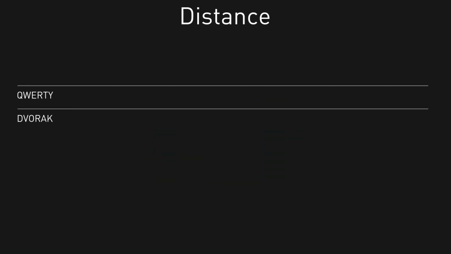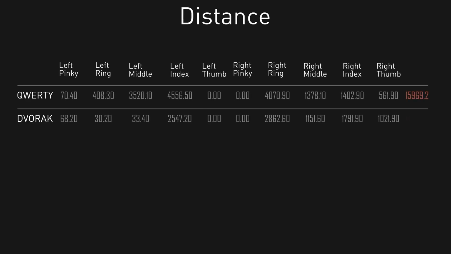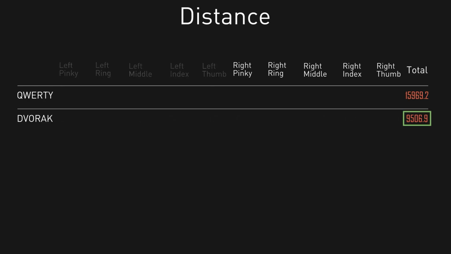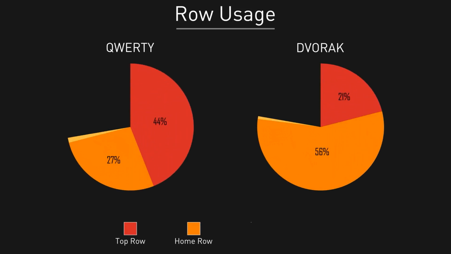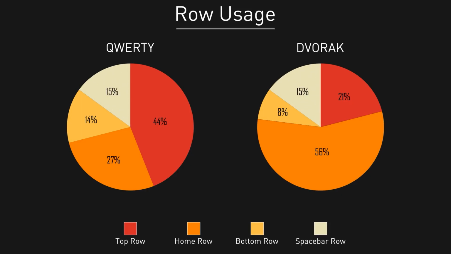Total distance traveled by all the fingers for the QWERTY layout is 15,969 centimeters, while it's 9,506 centimeters when using Dvorak, which represents 40% less. When considering row usage, Dvorak helps the user keep his fingers on the home row twice as much.